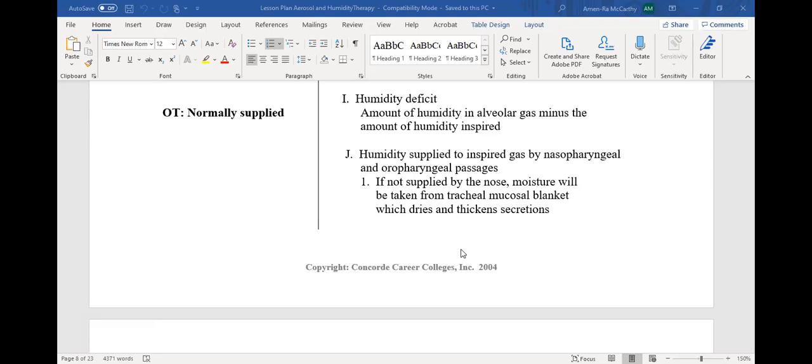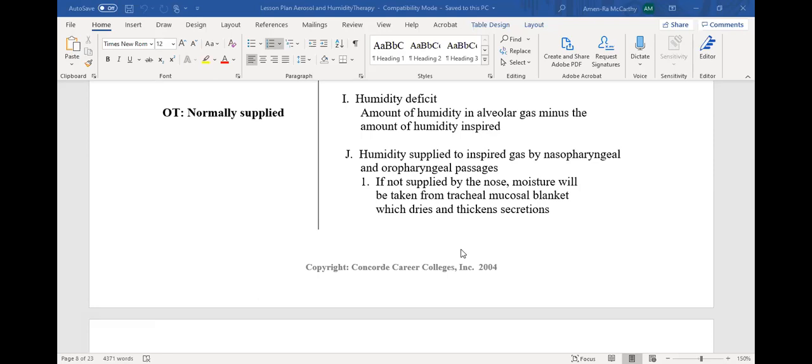I forgot the last one. But dehydration is what I'm talking about now, right? Not having that humidity will cause you to dehydrate.